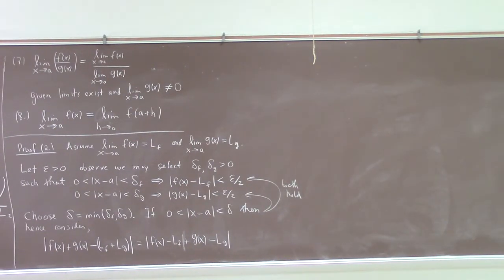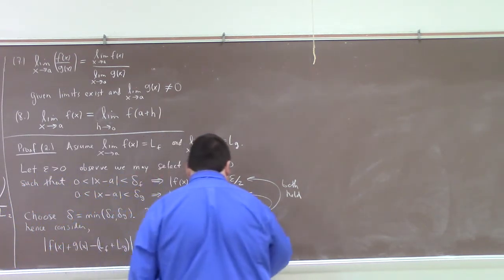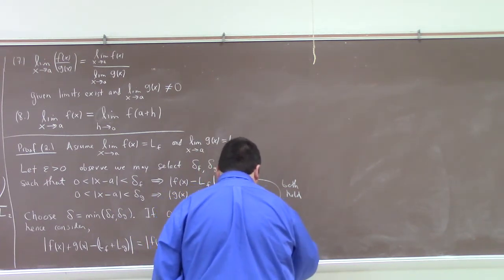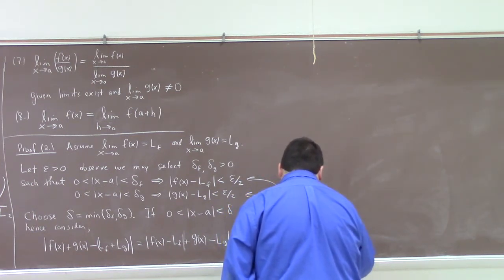So now here we use what's called the triangle inequality, all right? Triangle inequality says that this is less than or equal to the absolute value of f of x minus L sub f plus the absolute value of g of x minus L sub g.